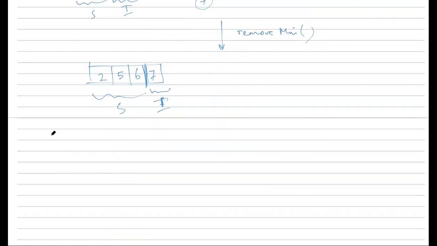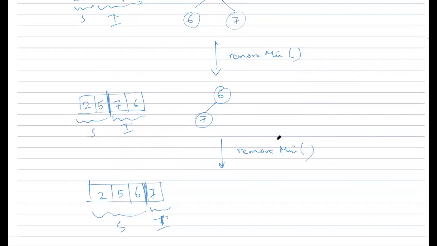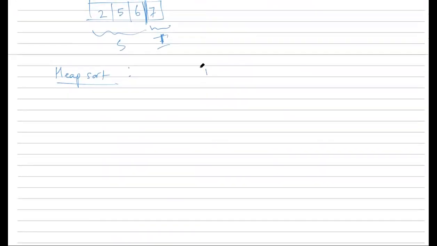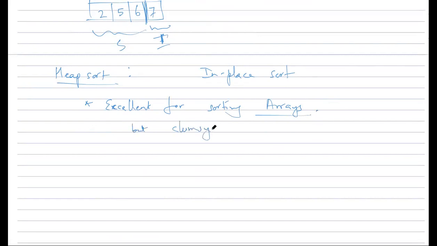So some important notes for heap sort. Here we had demonstrated how heap sort is an in-place sort, and it is excellent for sorting arrays, but clumsy when it comes to linked lists.